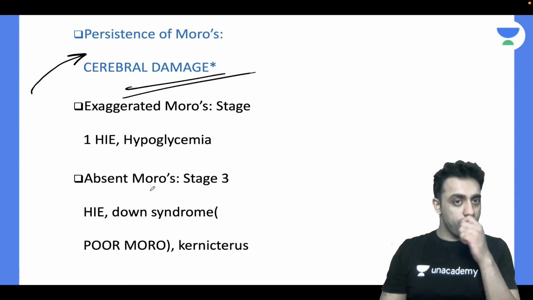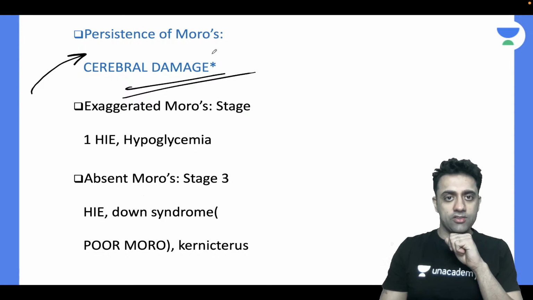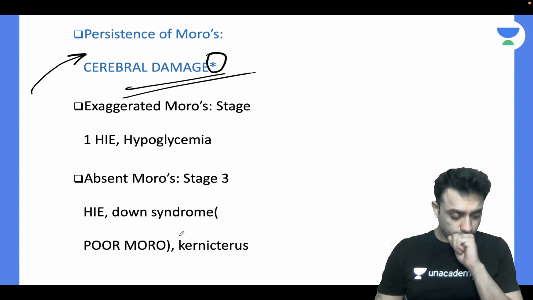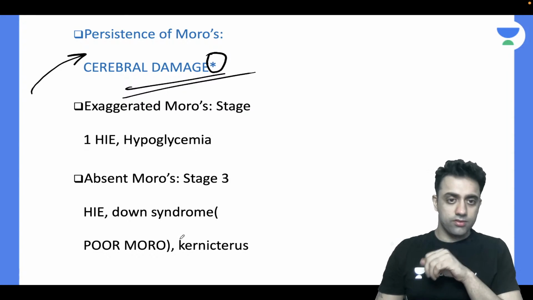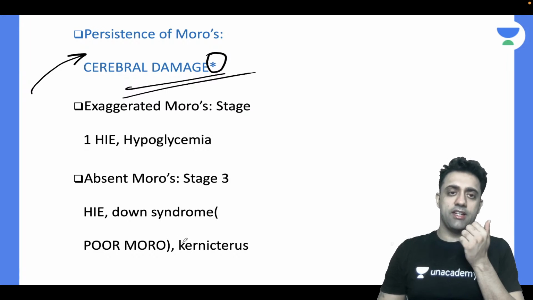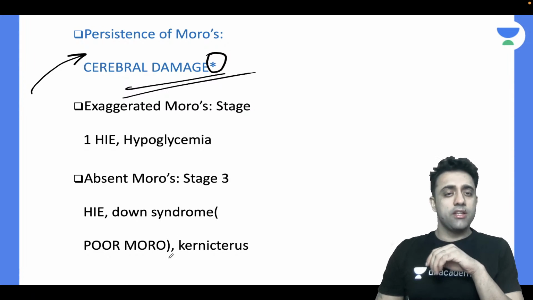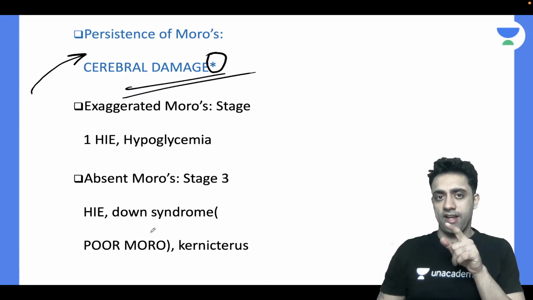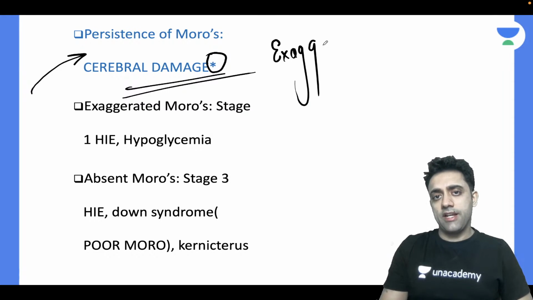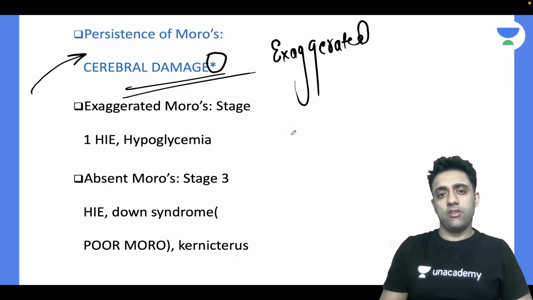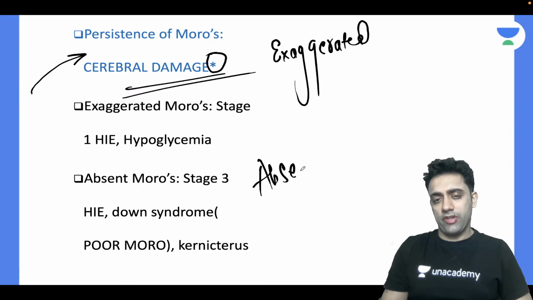Cerebral damage. One of the important causes, star mark, it has already been an exam question. Yes Sandesh, you are right, Isha is also right. So whenever there is cerebral damage, there will be persistence of Moro reflex. Now there is something known as exaggerated Moro reflex and something known as absent Moro reflex.